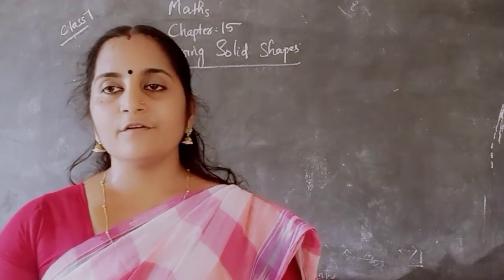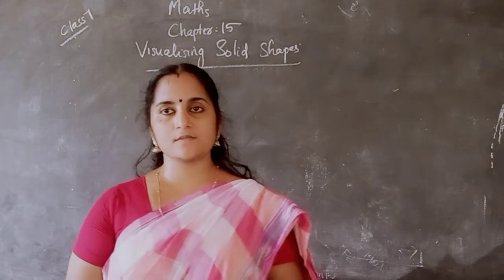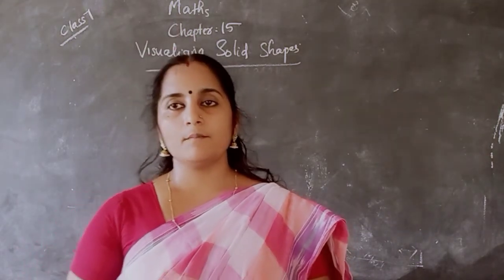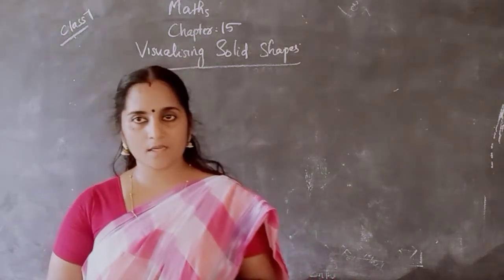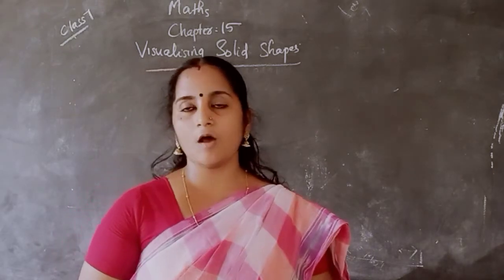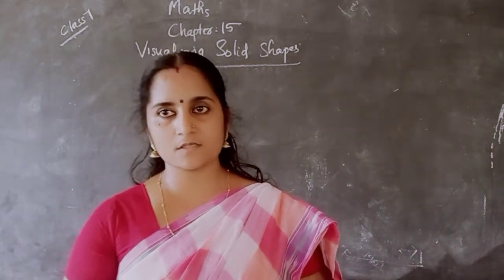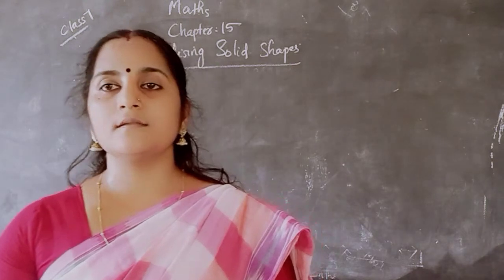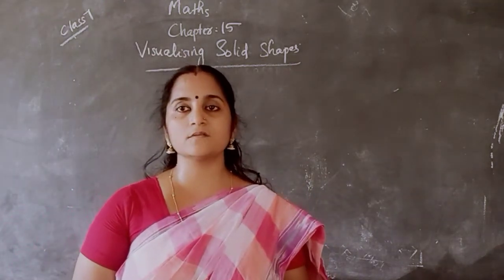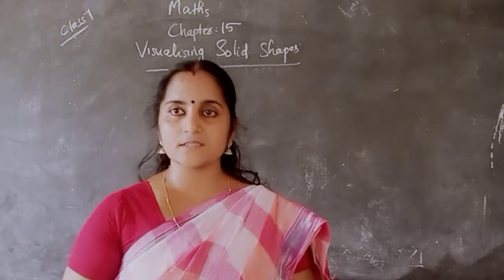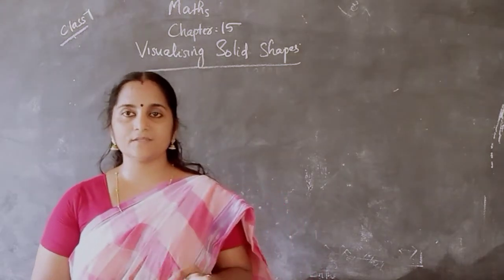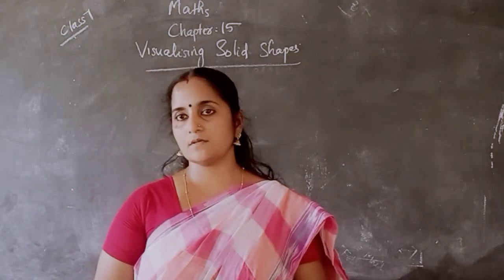In our daily life, we see several objects like books, balls, ice cream cones, etc. All these objects have different shapes, and they have some length, breadth, height. These are the different dimensions: length, breadth, height.